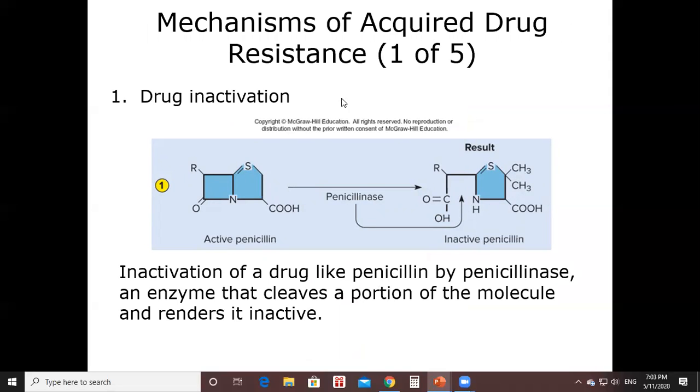Okay, so here's some of the mechanisms of acquired drug resistance. Sometimes the bacteria can learn how to inactivate the drug. So inactivation of a drug like penicillin by penicillinase, it's an enzyme that the bacteria produces that will inactivate penicillin.